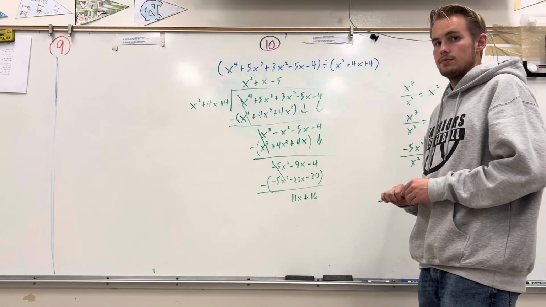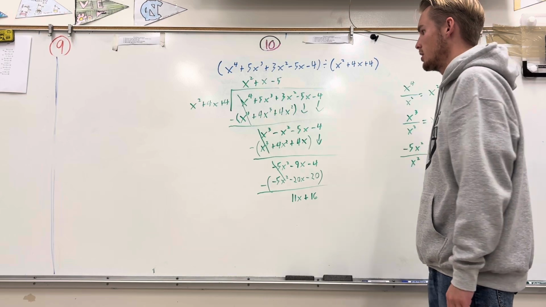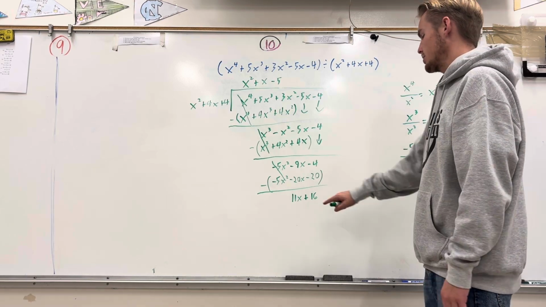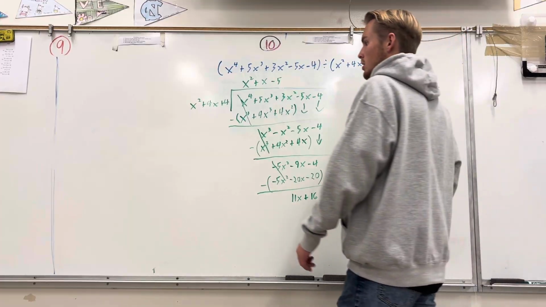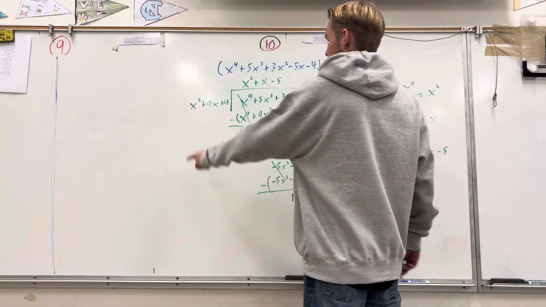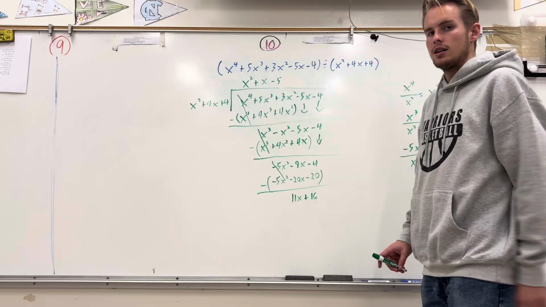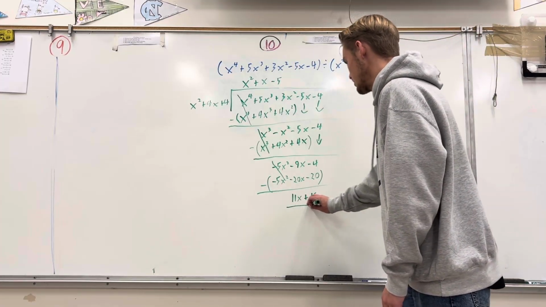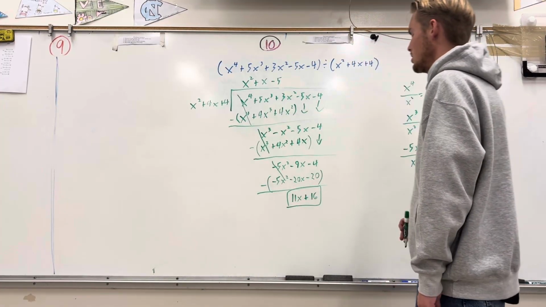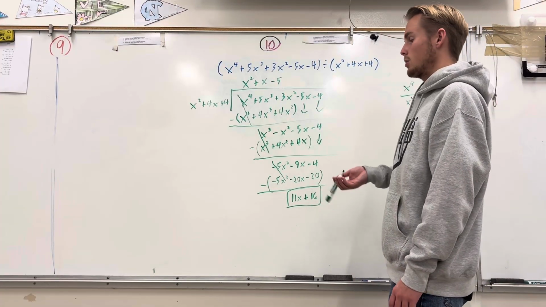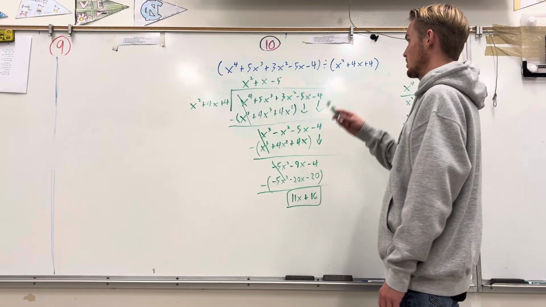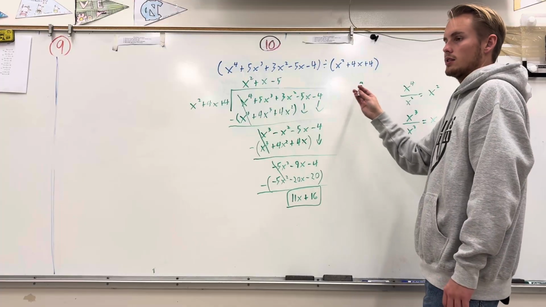So actually, when we get to this point right here, and we see that we're left with something down here that has a lower degree than what we're dividing by, then this now is going to be our remainder. So similar to the last one, we're going to write this as a fraction, and we're going to divide it by our denominator.